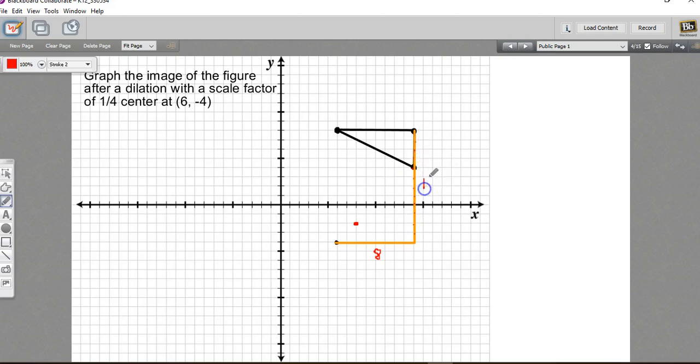So 12. Again, we multiply each by the scale factor, and you get 2 and you get 3. So from the center of dilation we count over 1, 2, and up 1, 2, 3. This is going to be an itty-bitty image, isn't it?